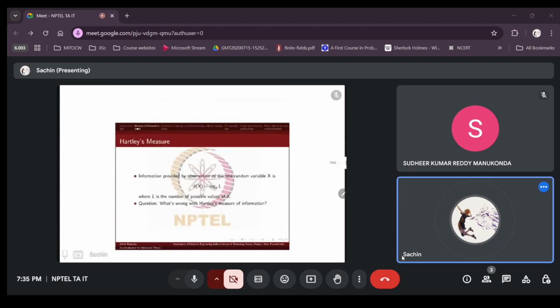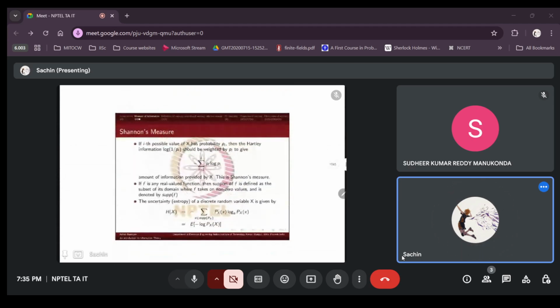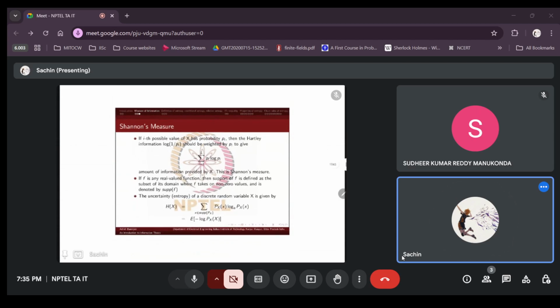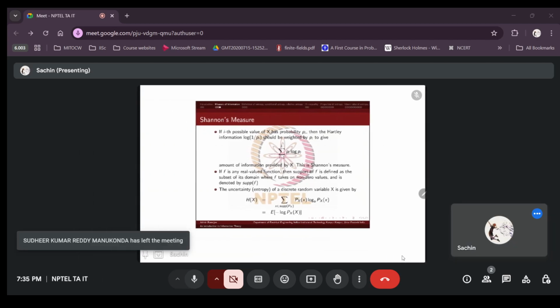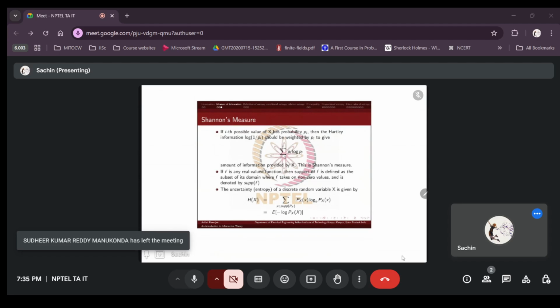In this course we use mostly Shannon's measure of information, where you have a random variable x and it takes values from some alphabet script x with say L values.